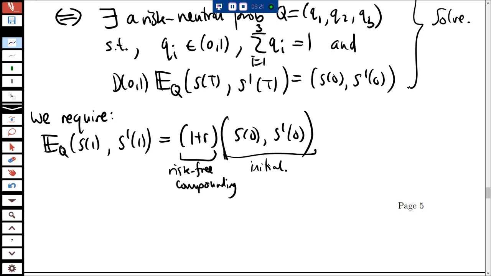From this I want to build some equations, solve them, and see if the solution fits our picture.